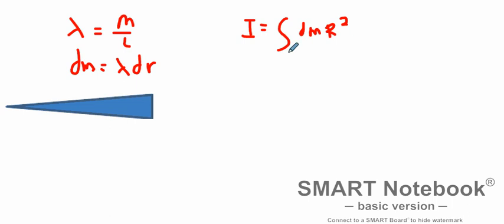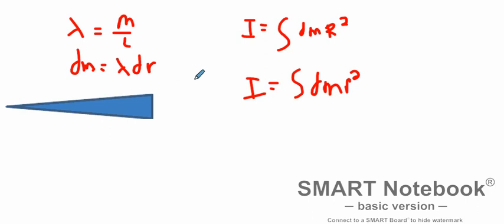And this one really should be I equals the integral of dm times r squared. Now lambda may or may not be a function of r. Remember, if it is a function of r, you do need to plug that into the equation.